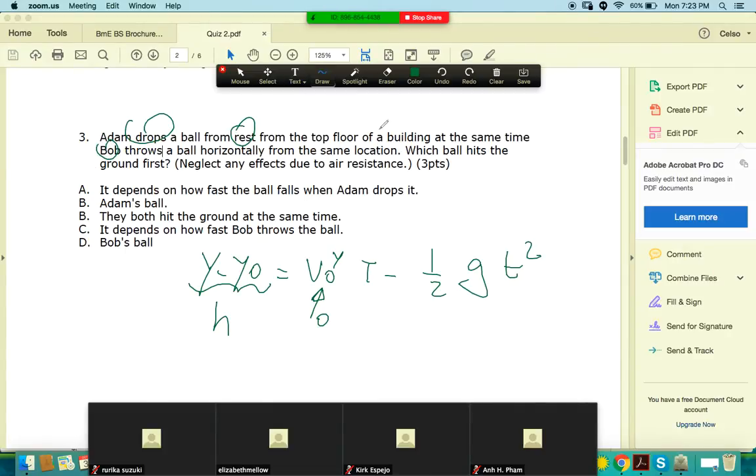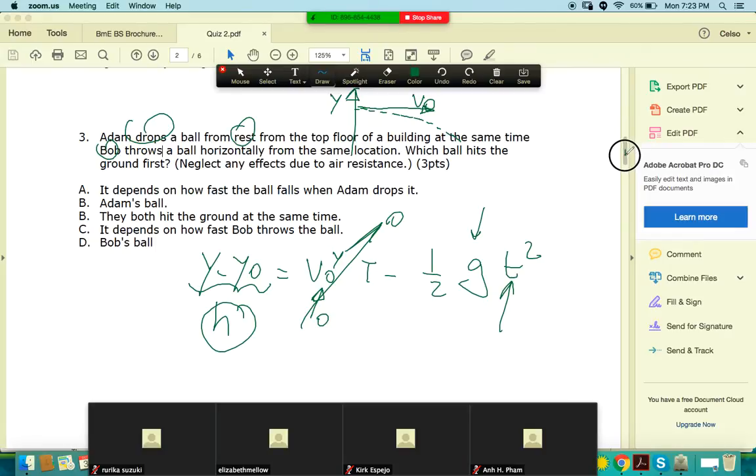And for Bob, because different from the previous problem I just did, the ball is thrown with an initial velocity that is perpendicular to the y-axis, like this. So the initial velocity in y for Bob is 0. So this quantity is 0, which means the time for both of them will depend on the height of the building and the value of g, right? And that's it. So this is pretty much the time is the same.